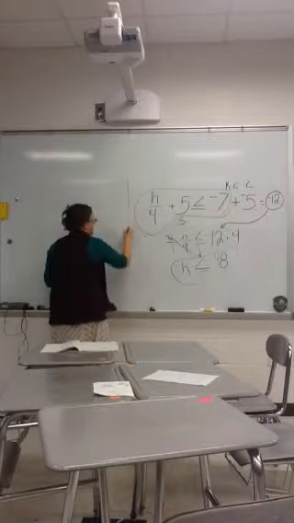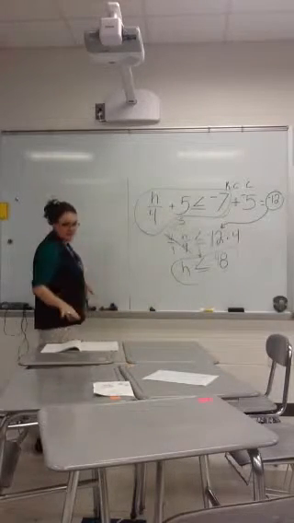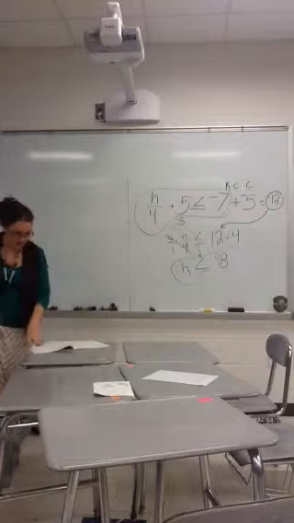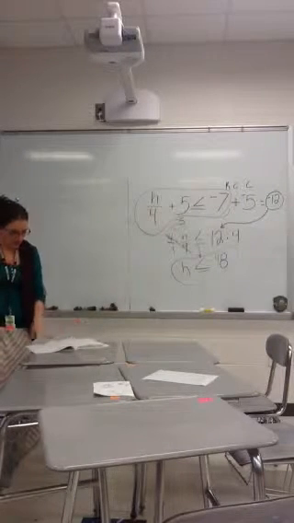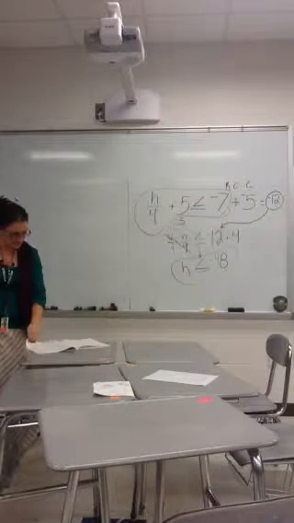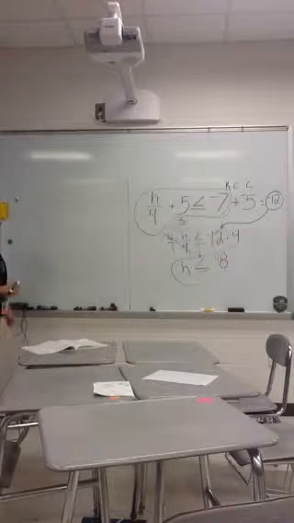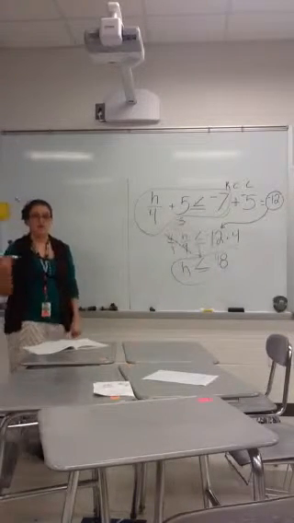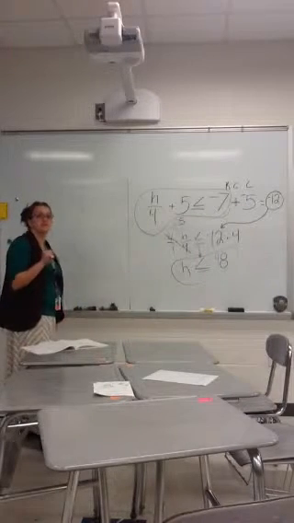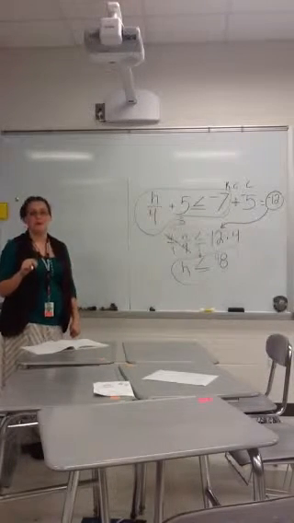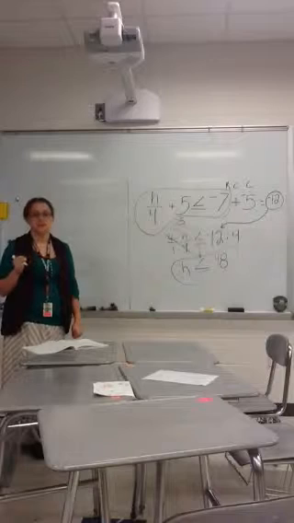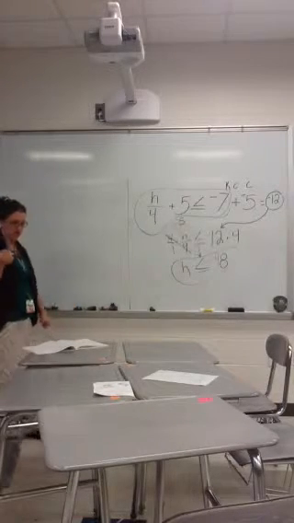I'll leave that up there for a second. And do a problem on this side of the board. Now, you also have problems that incorporate decimals. I know how you guys hate decimals and fractions, but sometimes they just occur.